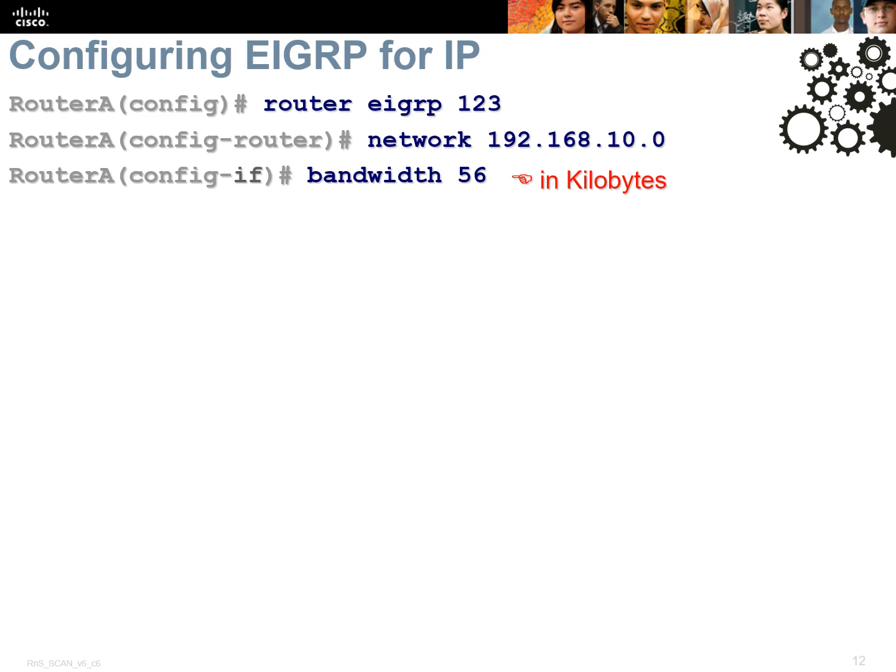Now here's one thing that we have to take very particular care of. The bandwidth command. Notice that the bandwidth command goes on each interface. This command, bandwidth, is a way that we manipulate routing protocols to teach them the speed of a connection.